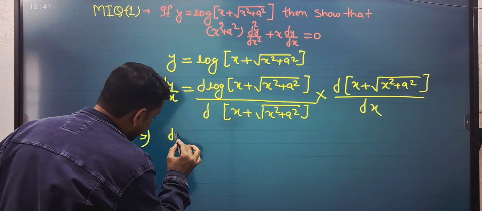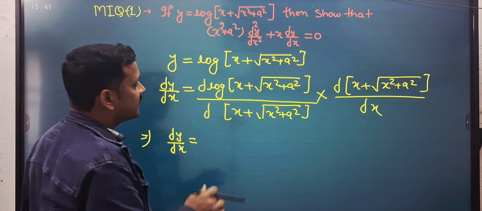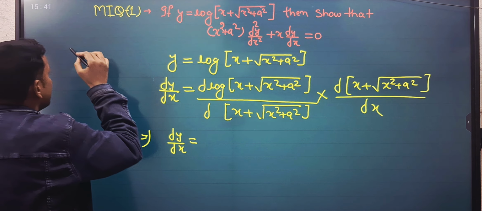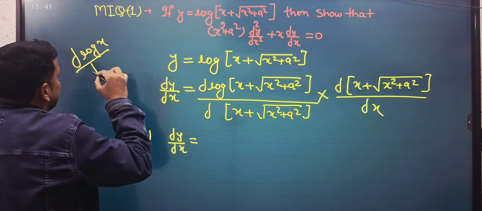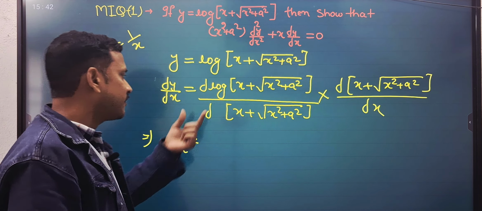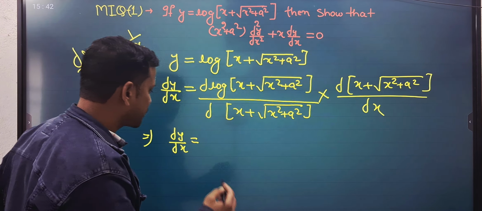Now, dy by dx equals to, you know the differentiation of log x is 1 by x. D log x by dx equals 1 by x. But instead of x, there is x plus root under x square plus a square.